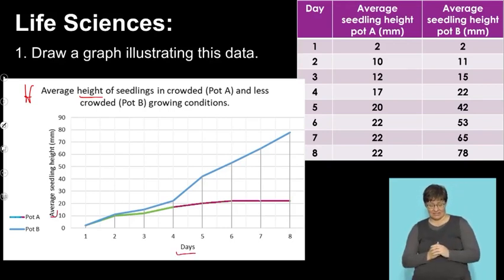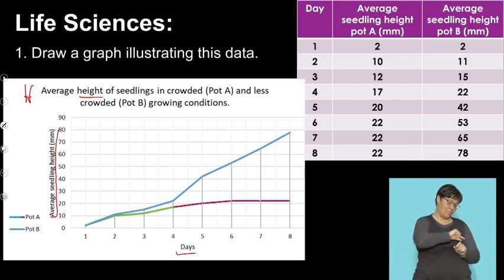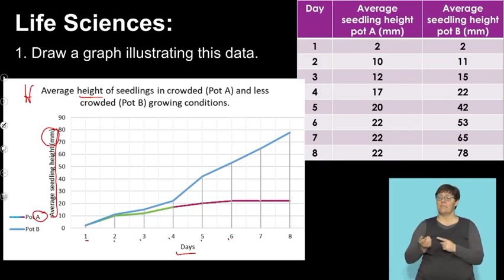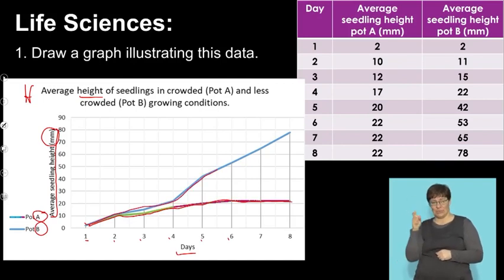I'm showing on my y-axis height of seedling, average height, and millimeters, and my days are just simply numbered along the x-axis. I'm also going to give an indication of a key. I'm going to show that pot A is going to be the green graph and pot B is going to be my blue graph. And of course, I plotted the points by going to the data table.